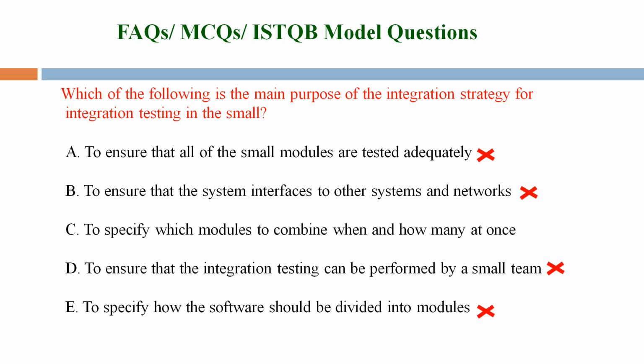And to specify how the software modules should be divided into modules, that is not part of the integration strategy. So the rest of the thing is to specify which modules to combine, when and how many at once. So which modules have to be combined, which modules have to be integrated to which modules, that is according to the project designs. Option C is the correct one.